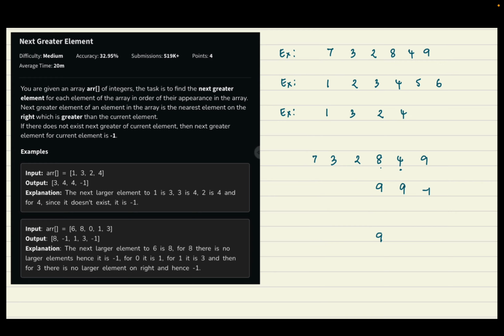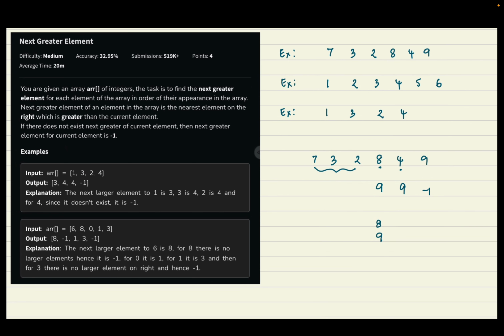Now again, 8 is a potential greatest element for all the elements before it, so I will be storing 8 separately, saying that it can be a potential answer. For 2, I will again check here. At any given point, if you have noticed, I was first checking the elements which were recently processed.